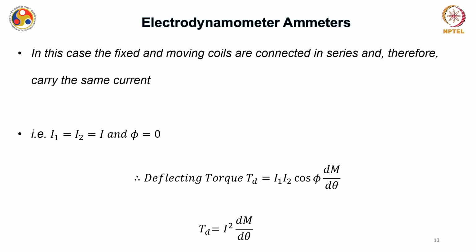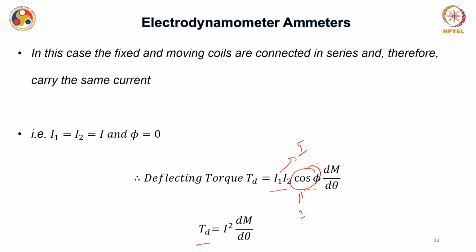Okay. So, the deflecting torque is equal to I1 I2 cos phi dM by d theta. When I1 and I2 are the same, I, and cos phi is equal to 1, the deflecting torque is equal to I square dM by d theta.